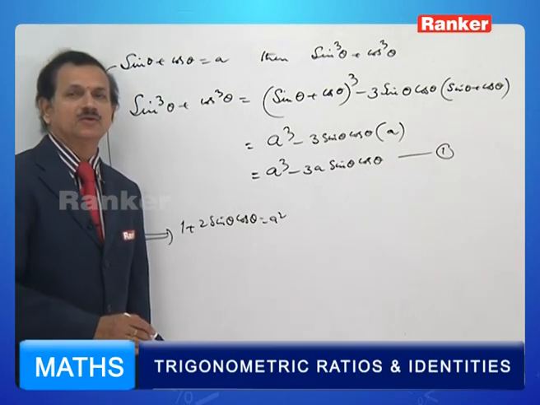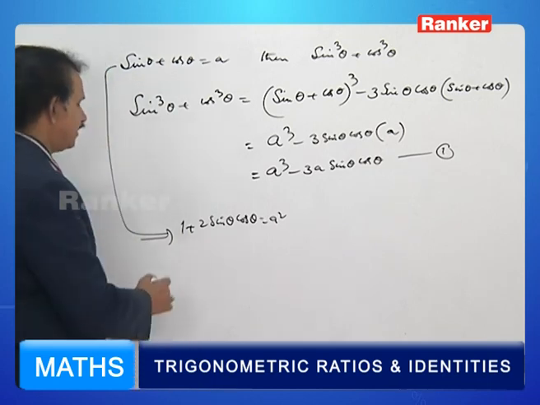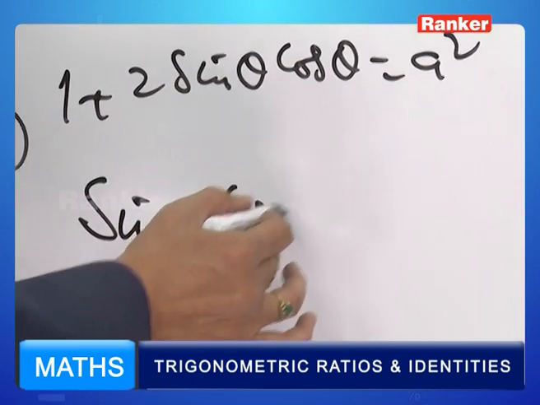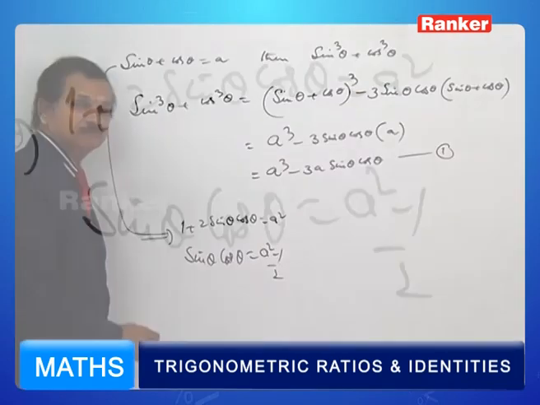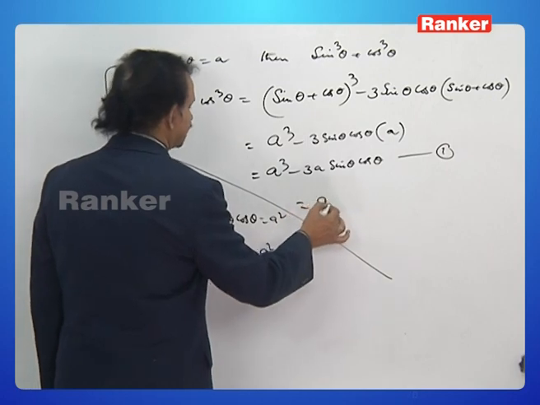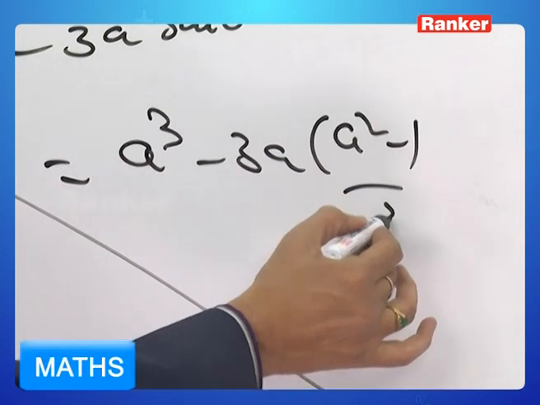That is why I could have written it as 1 plus 2 sine theta cos theta is equal to a square. And from this, what is sine theta cos theta? It is nothing but a square minus 1 by 2. Isn't it? Therefore, you can write this as a cube minus 3a into a square minus 1 by 2.